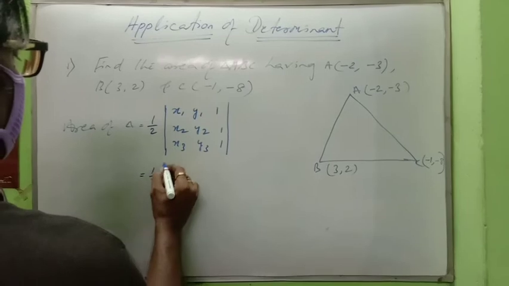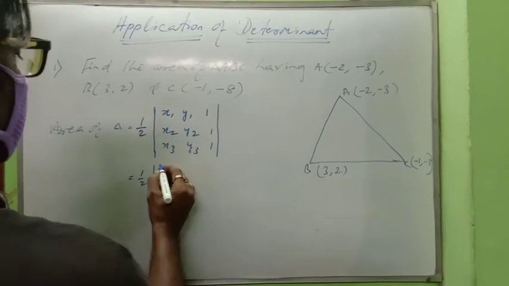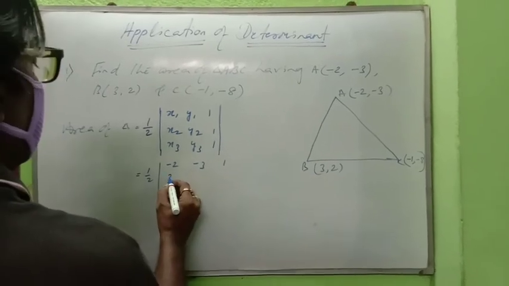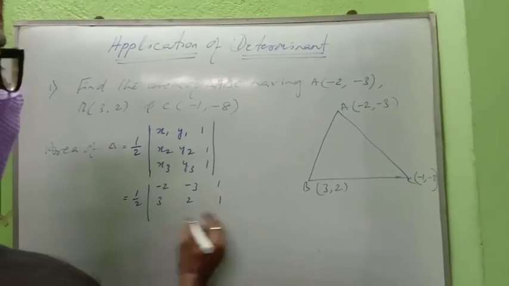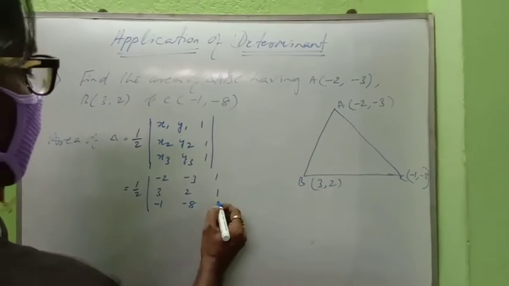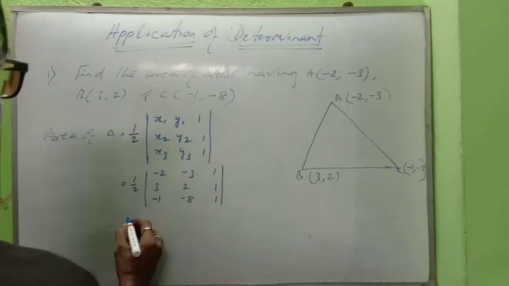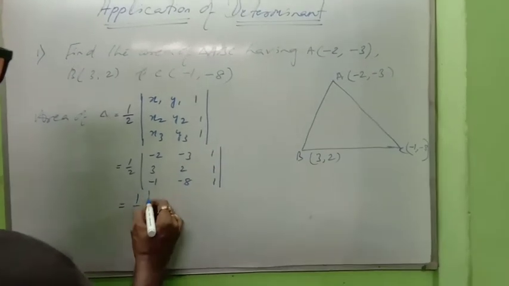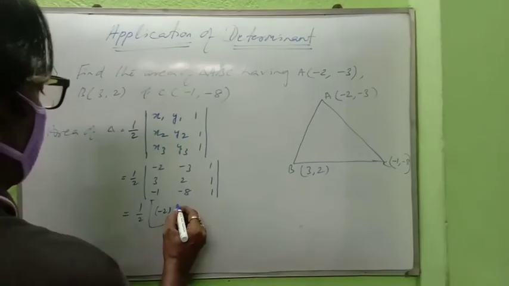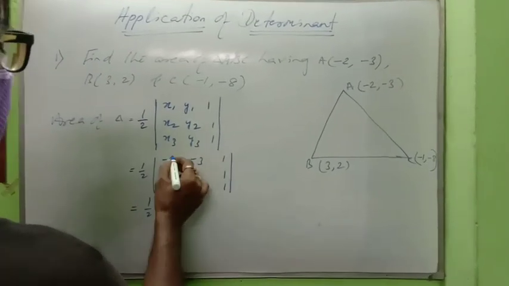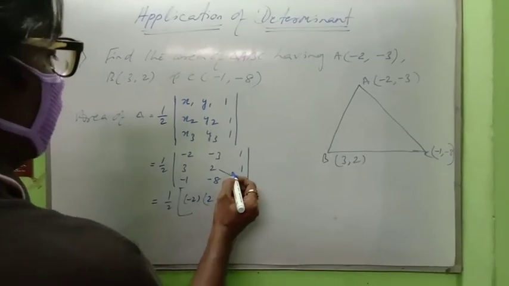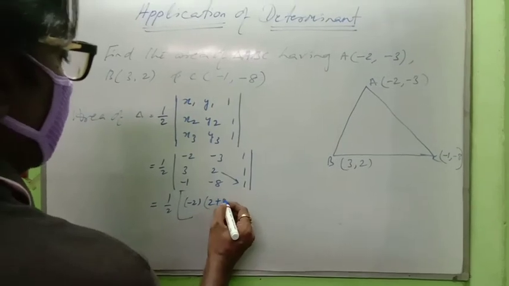Now put the values. x1 y1, the first point, that is -2 -3 1. Second point, that is 3 2 1. Third point, that is -1 -8 1. How to evaluate the determinant? First number, that is -2, whole into this row omit, this column omit, this into this, that is 2 times 1 is 2, minus this into this, that will be +8.